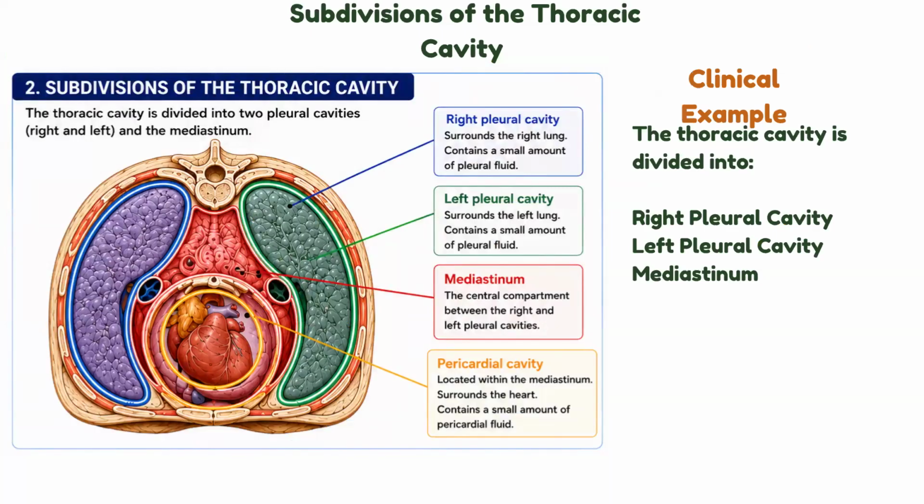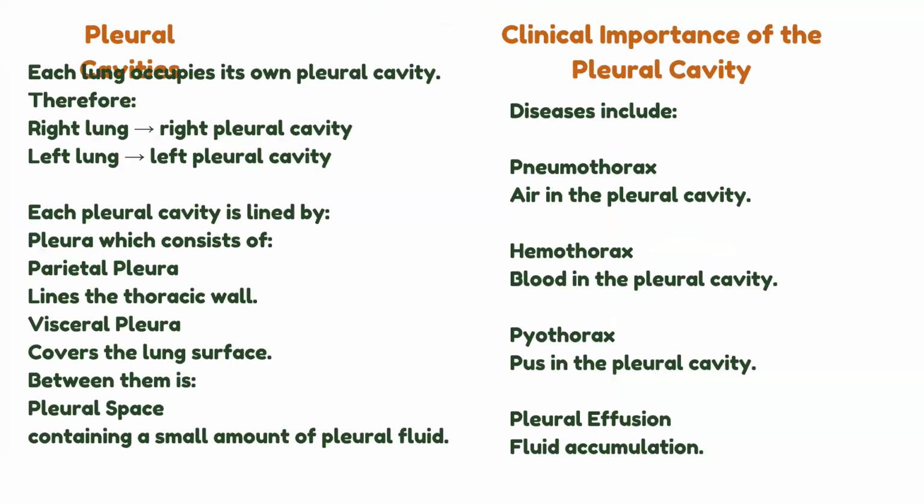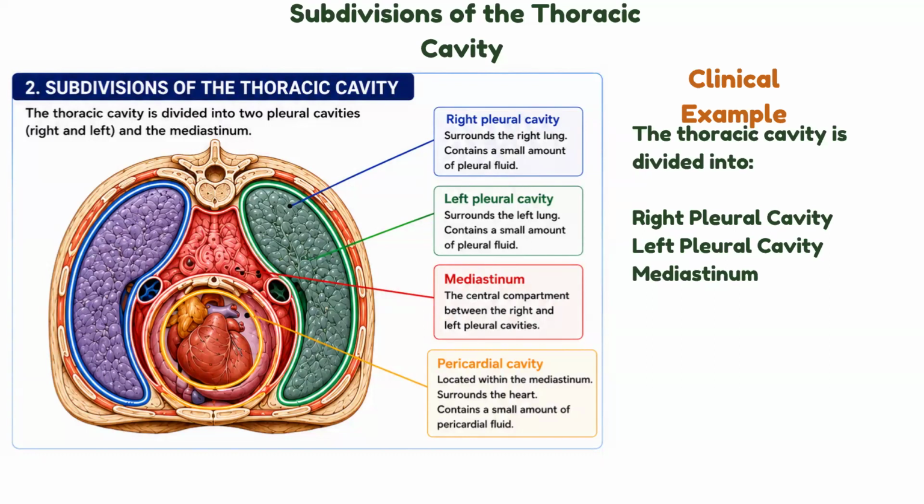Now, as you can see, this image here is talking about the subdivision of the thoracic cavity. In that thoracic cavity, if you cut an animal transversely, you would see this. You will see the left pleural cavity.